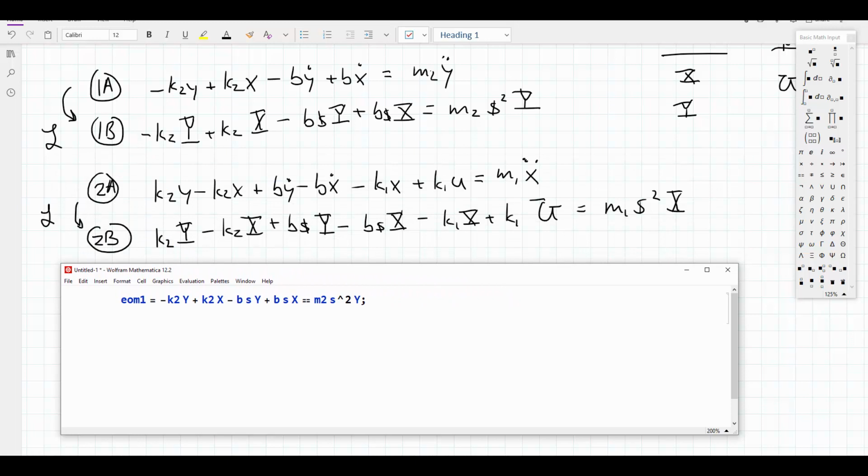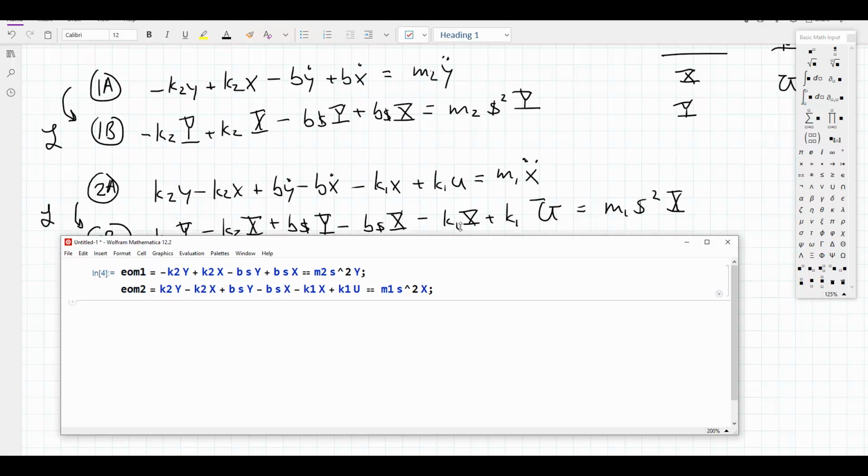Now I'll put in 2b. So equation of motion 2 is k2Y minus k2X plus bsY minus bsX minus k1X plus k1 big U equals m1 s squared X. And both of those we just want to check, and those are the two equations of motion that we came up with.